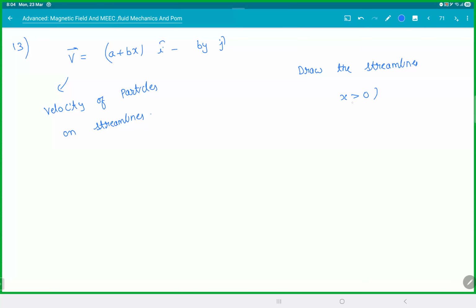So for x greater than 0, I can ask you to find the equation of the streamlines. In fluid mechanics, there are three things that you have: streamlines, the equation of continuity, and Bernoulli.